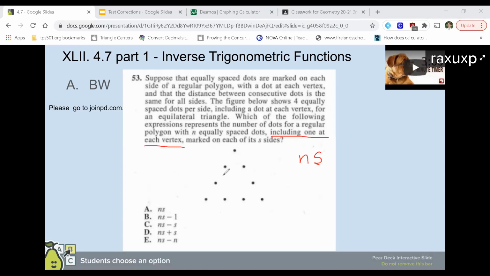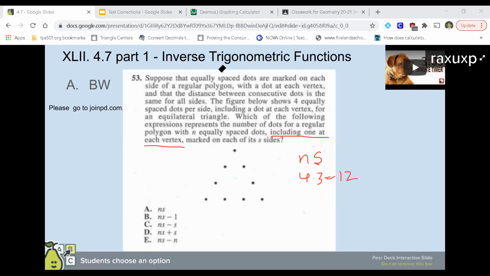So for our example, if we did that, this has 4 dots on each side and it has 3 sides, right? So this would be 4 times 3, which is 12. But in reality, if we count 1, 2, 3, 4, 5, 6, 7, 8, 9, this really only has 9.